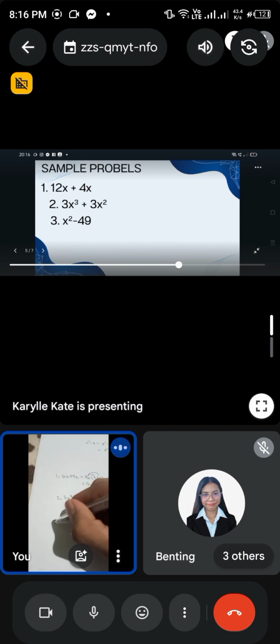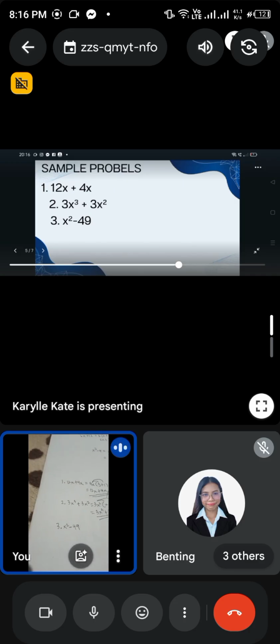So number 3, x squared minus 49. In this case, we can see that both are perfect squares, so we'll be applying the formula a squared minus b squared is equal to a minus b, then a plus b.